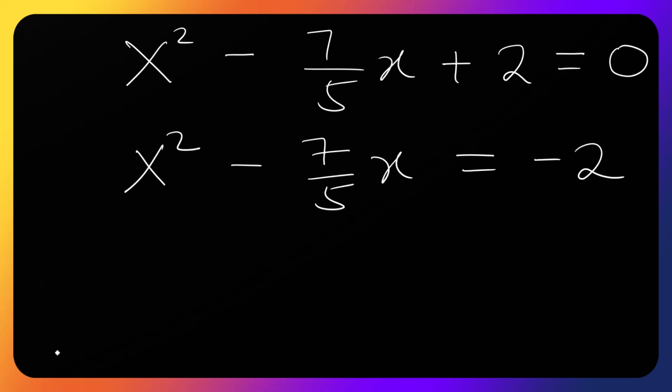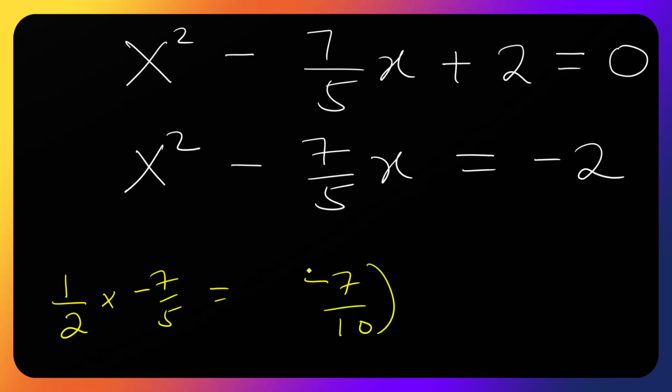Now let's take half of the coefficient of x, all squared, and add the result to both sides of the equation. So we have half of what you see here, -7/5. That will be -7/10, all squared. So we are adding (-7/10)² to both sides of the equation.